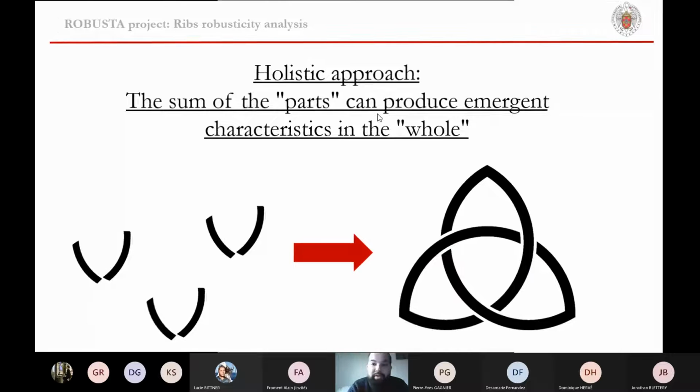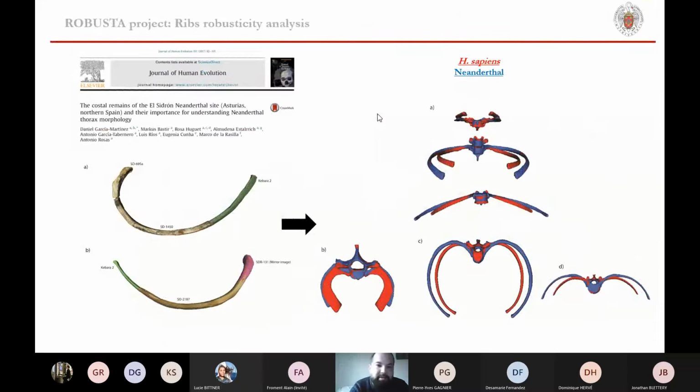So what happened when we link the ribs with the vertebrae? Again, this is work that we did on the ribs from the El Cidrón site. This is a 5th rib and an 11th rib reconstructed, and when we articulated the vertebrae with the ribs, we started seeing differences between Neanderthals and humans.